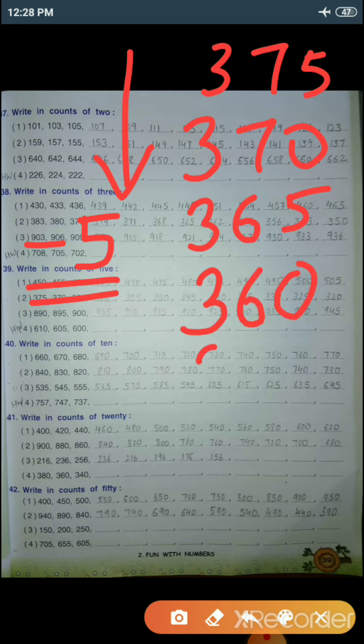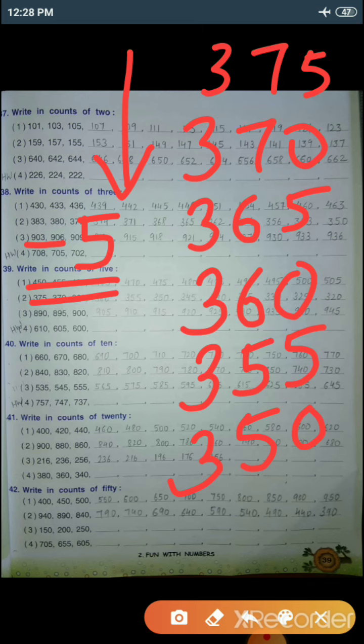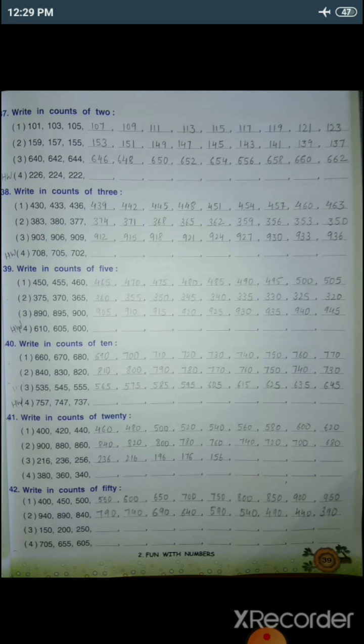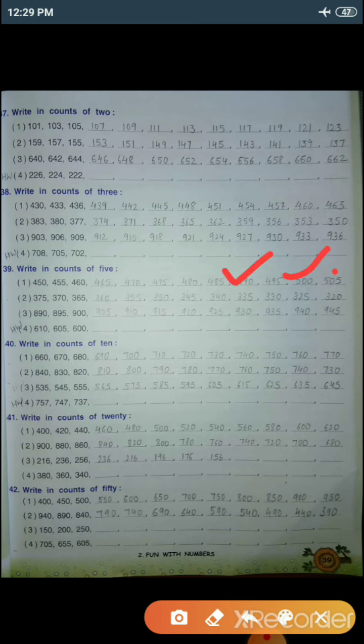Again subtract 5, 355. Again subtract 5, so 350. So with the help of the gap of 5, you will get the next numbers. Now number 3 and number 4 you need to solve by yourself in homework.